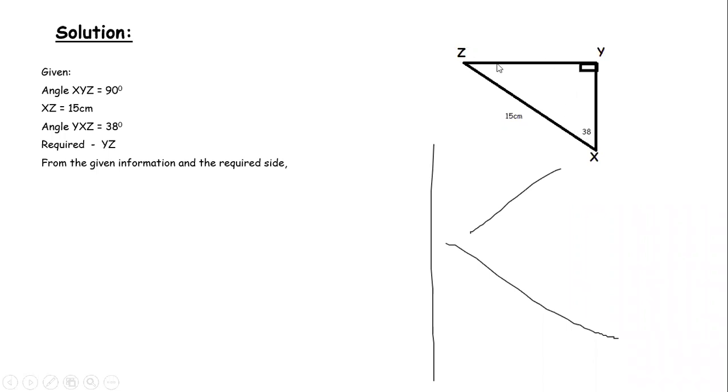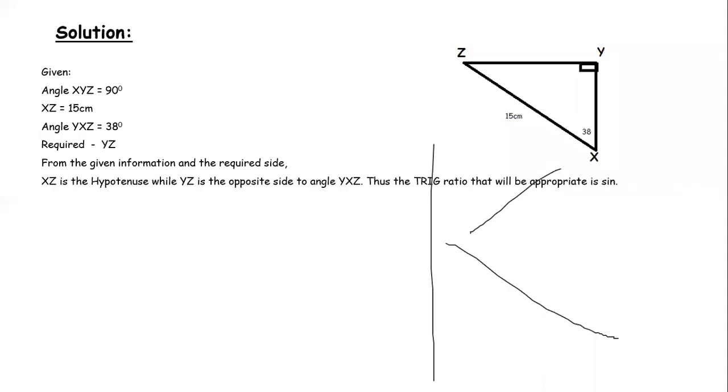That implies that YZ is opposite to this angle that we know. So the two sides that we have dealings with are opposite and hypotenuse, which is what I have highlighted here. XZ is the hypotenuse while YZ is the opposite side to the angle we are given.